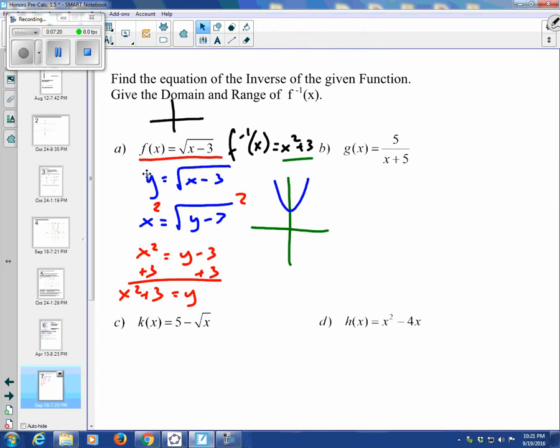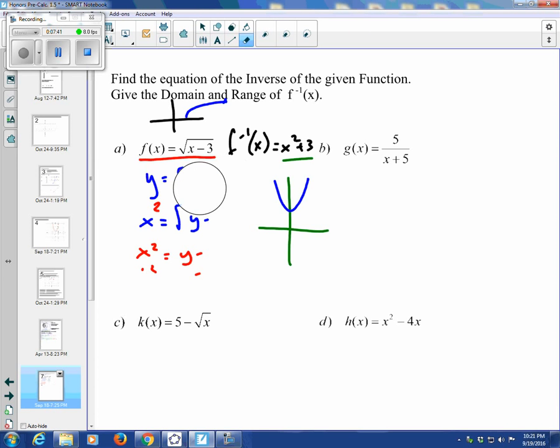Now, if we look at the graph of the square root of x minus 3, what we would see is half of a sideways parabola starting at the x value of 3 and arcing out like that. So because we only have the top half of the parabola, the entire graph isn't going to be the inverse, right? So I'm going to erase the math we did to get the inverse and show you guys where we're going to get the domain and the range for our inverse.